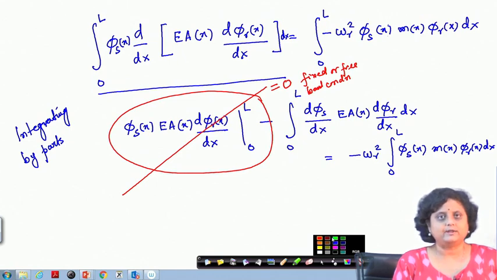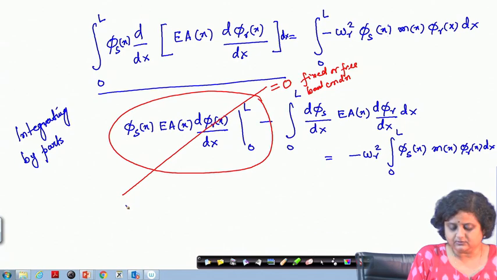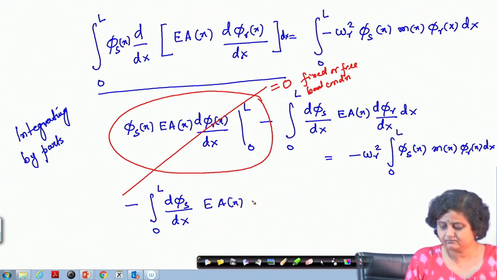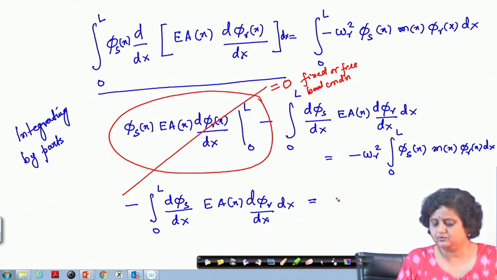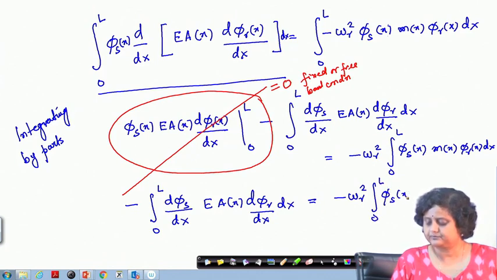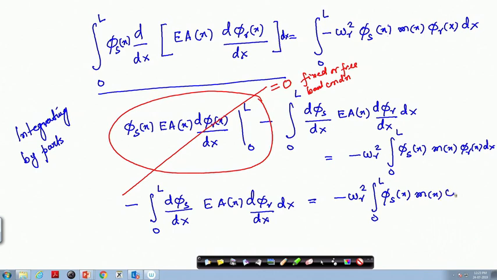So, we have seen whether it is fixed or free, this part of the expression is going to go to 0, and therefore, this equation is going to boil down to integral 0 to L of d phi s by dx E A x d phi r by dx into dx is equal to minus omega r square. So, this is one expression that we get hold of.